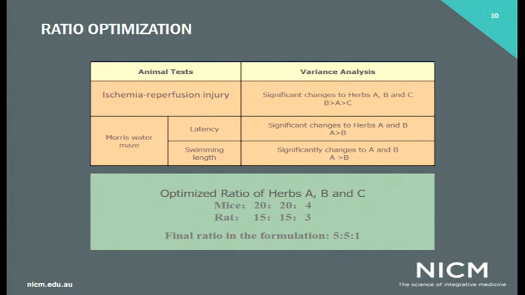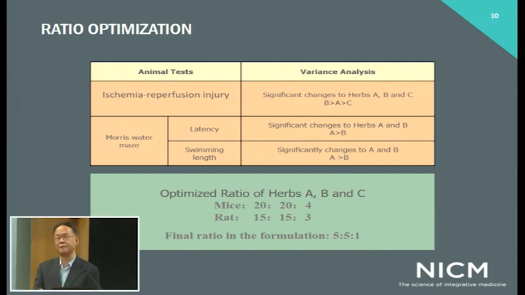For example, in terms of the ratio optimization, we're using 2 different models. One is the ischemia reperfusion model, and the other is the Morris water maze model to test neurocognition. Based on that, we ranked the 3 individual herbal extracts according to their efficacy in those 2 models.